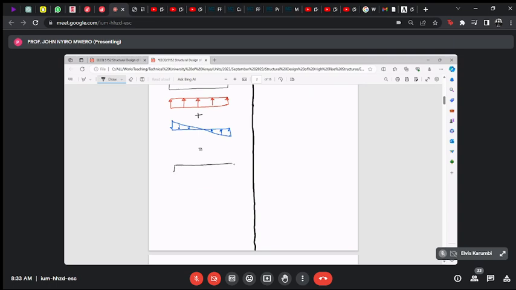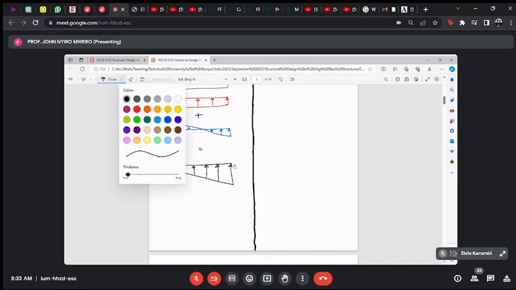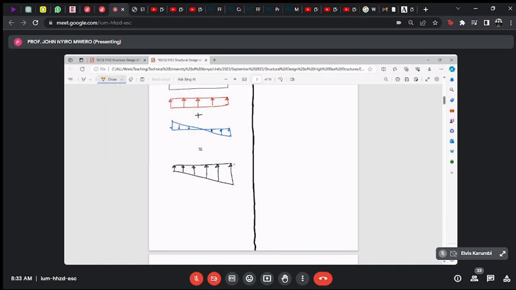It could be that way, depending on the relative magnitude of the force P to the moment M. If the moment is bigger, then in a worst case scenario you could have something like that.